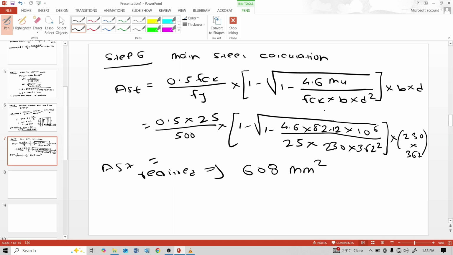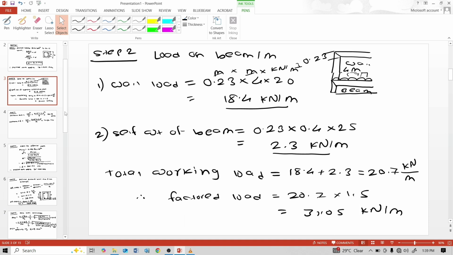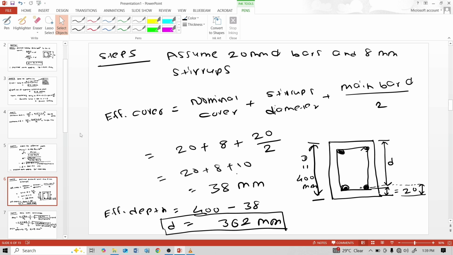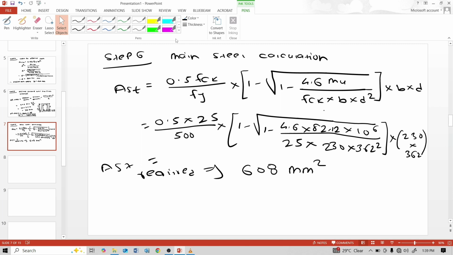So number of bars provided. We assume initially 20 mm bar diameter and 8 mm stirrups. So calculate number of bars equal to 608 upon area of 20 mm bar diameter, pi by 4 into 20 square.